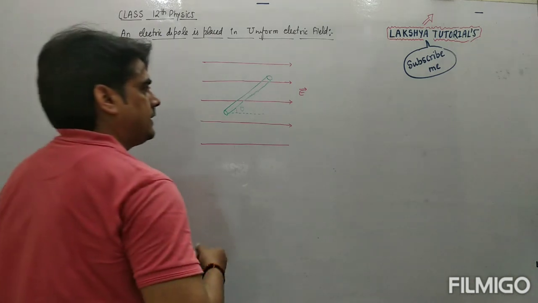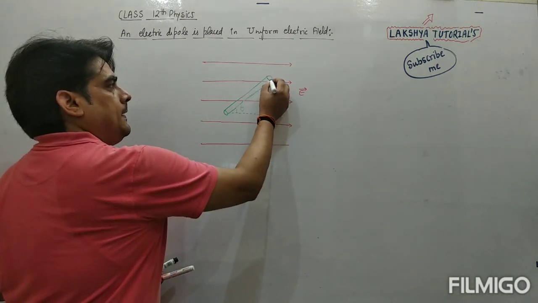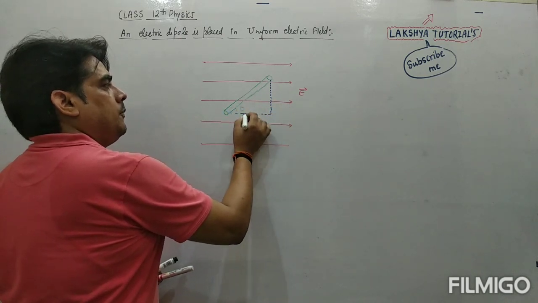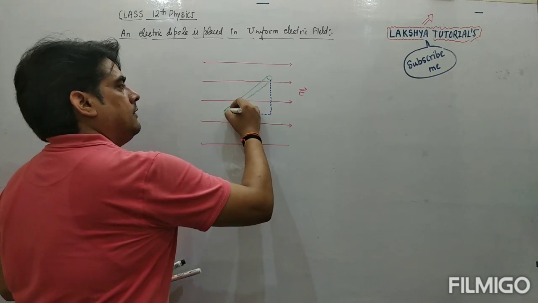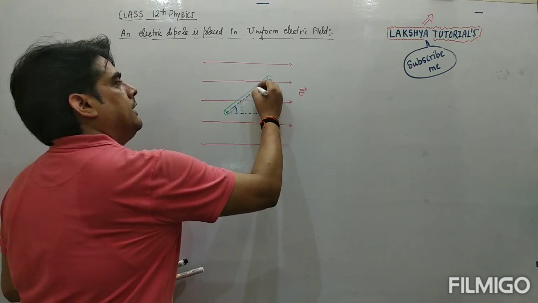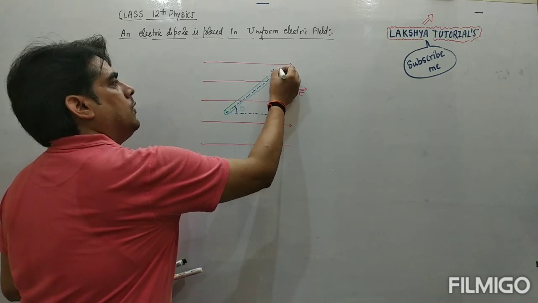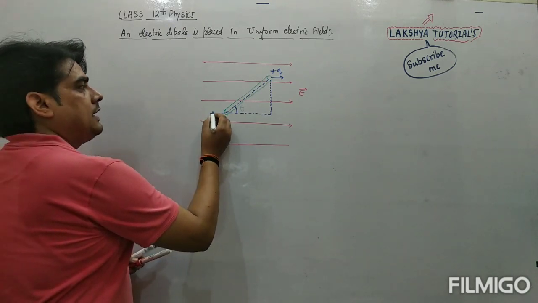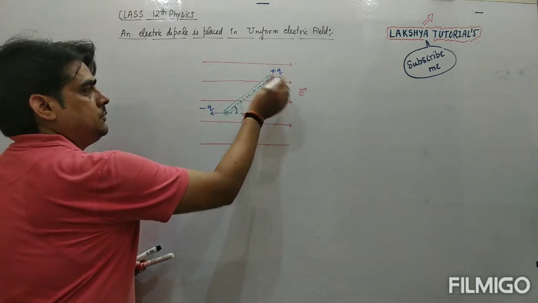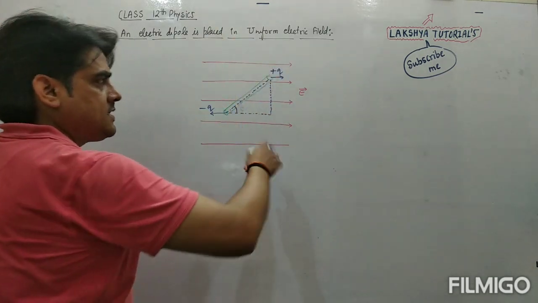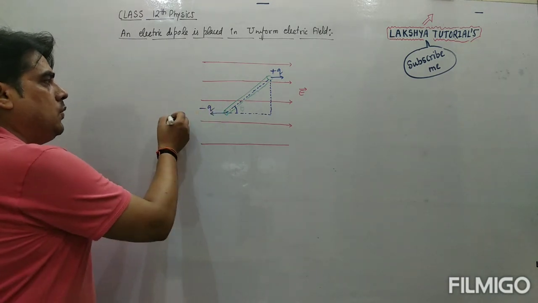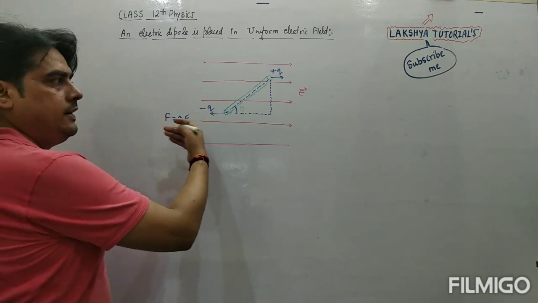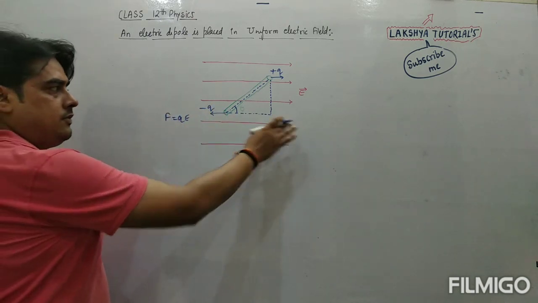Here, we see that this dipole makes the theta angle with the electric field lines, and you know that the left side charge is always negative and the right side charge is always positive. In this electric field, the charge Q feels the force QE, and the direction of force is towards this side due to the electric field.